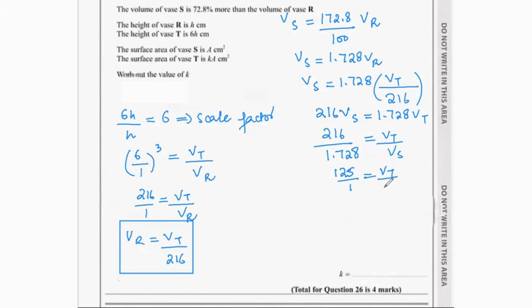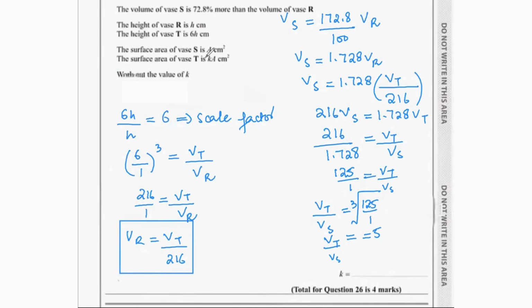That is Vt over Vs. When we're trying to find the volume in similar shapes, the scale factor for volume is equal to the length scale factor cubed. So we cube root 125 over 1, which gives us the scale factor as 5.